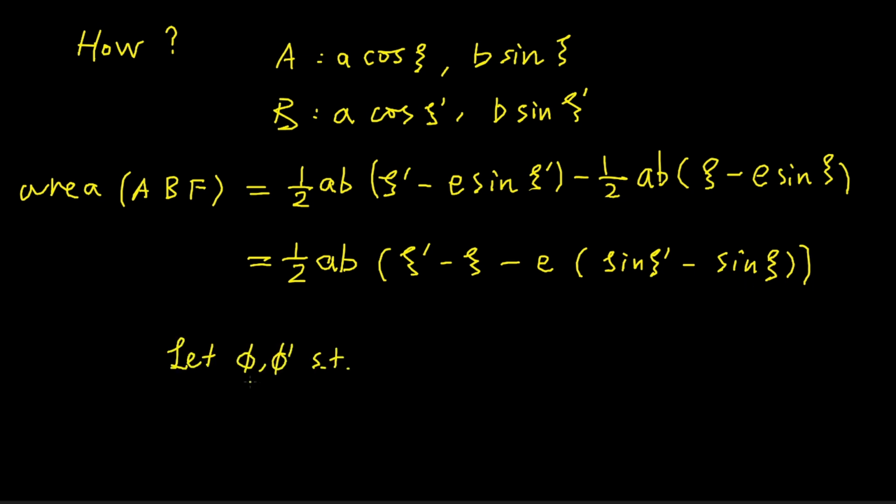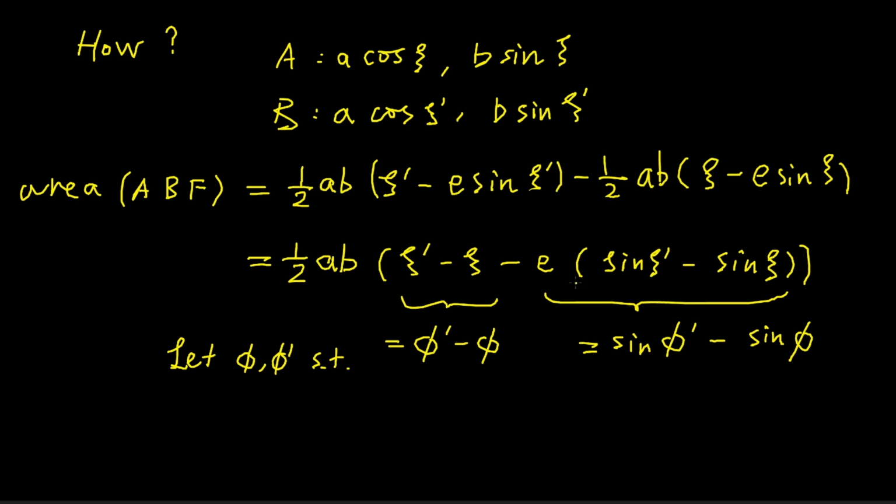Now we let phi and phi prime satisfy phi prime minus phi equals xi prime minus xi, and also e times sine xi prime minus sine xi equals sine of phi prime minus sine phi. Our goal is to express the variables phi and phi prime in terms of the distances in the statement of Lambert's theorem.